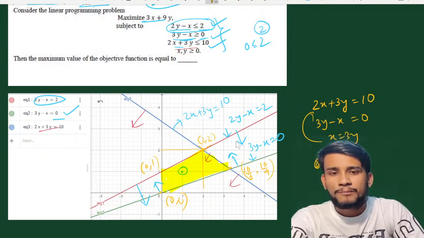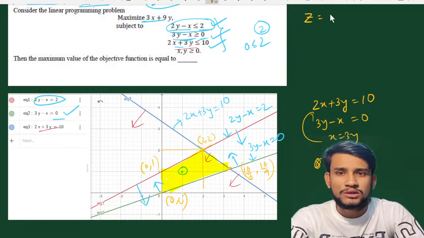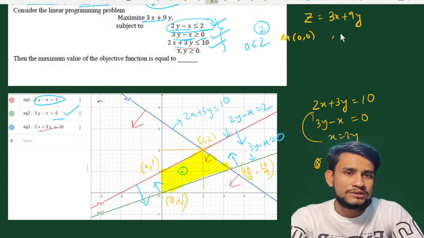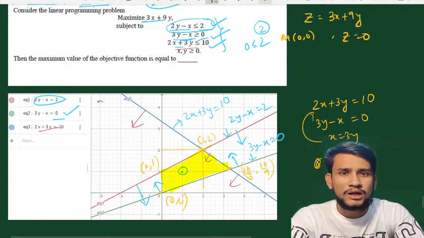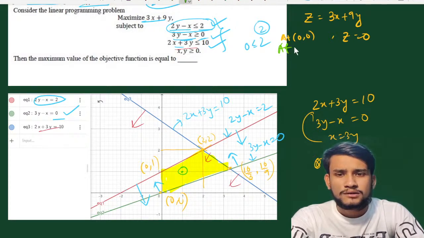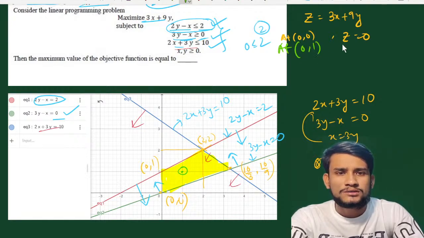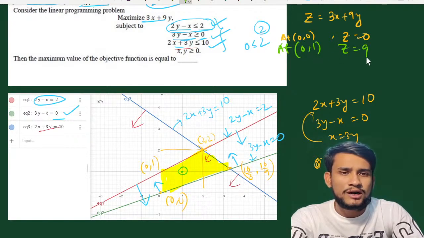The objective function is z equal to 3x plus 9y. Now at (0, 0), z is equal to 0. At (0, 1), z equals 9.